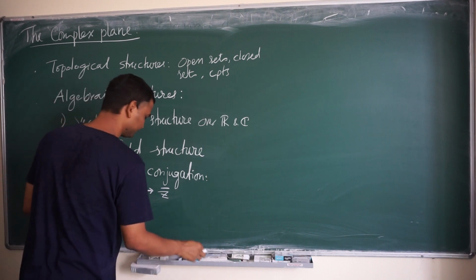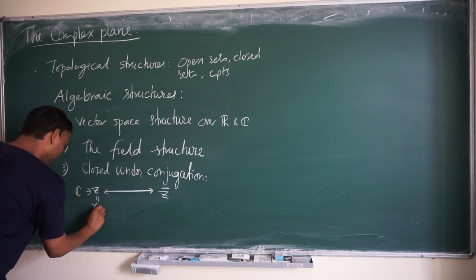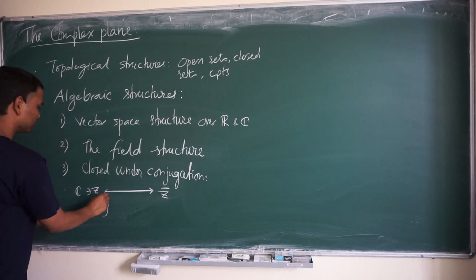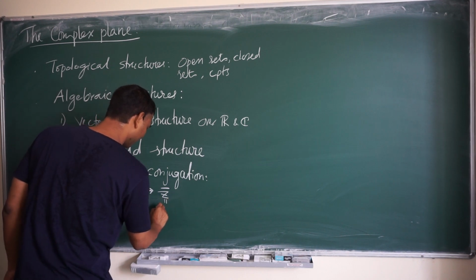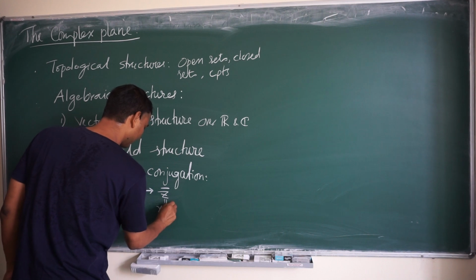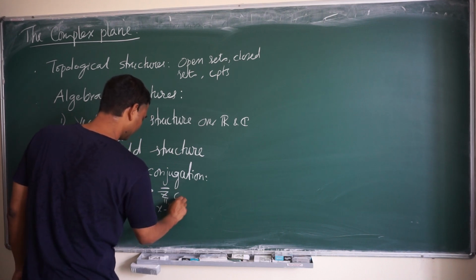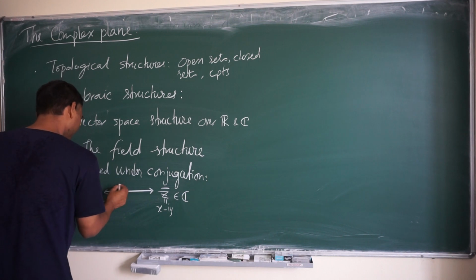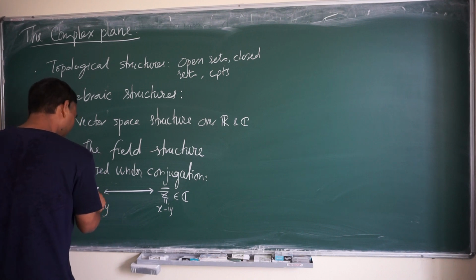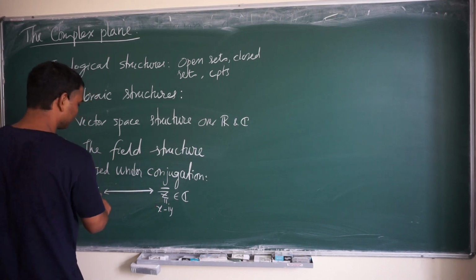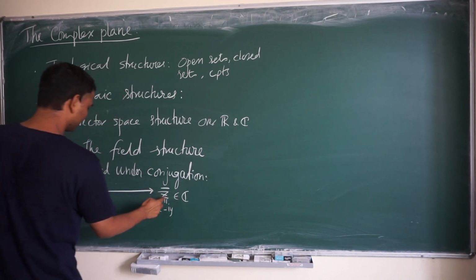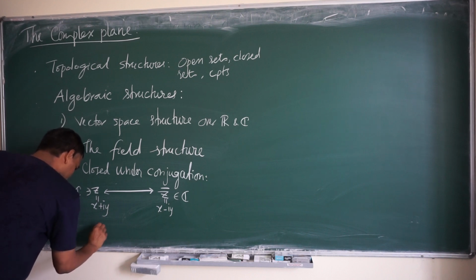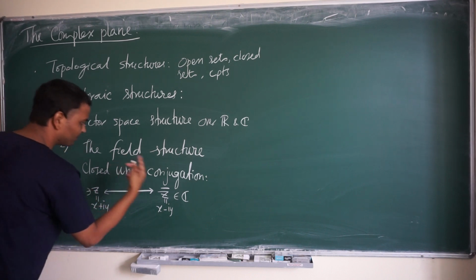Z, which is x plus iy, corresponds to a unique number z bar, which is defined as x minus iy in C. This is a map, a correspondence: corresponding to each z there exists a unique z bar. So this correspondence is called closed under conjugation. For every z in C, z bar belongs to C.